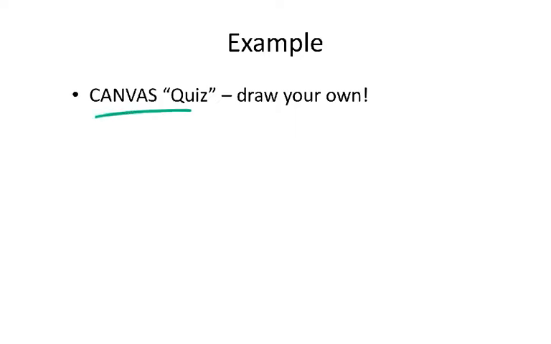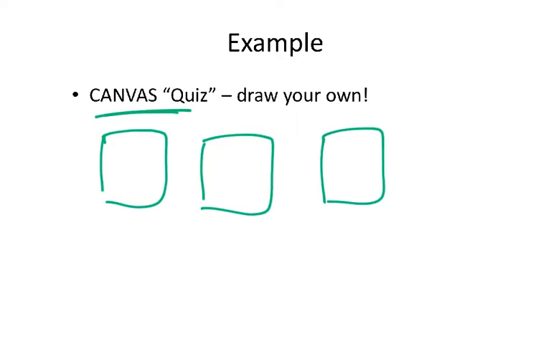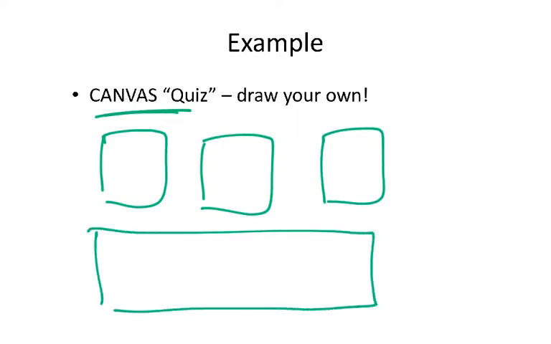One of your Canvas quizzes is to draw a pictorial representation of this rampant versus regular CO2. You can do it in multiple cartoon panels like we saw with the Earth, or one big cartoon that encompasses everything. It's up to you, and there will be instructions on Canvas, but your task is to come up with a pictorial representation to explain this rampant versus regular CO2 metaphor.